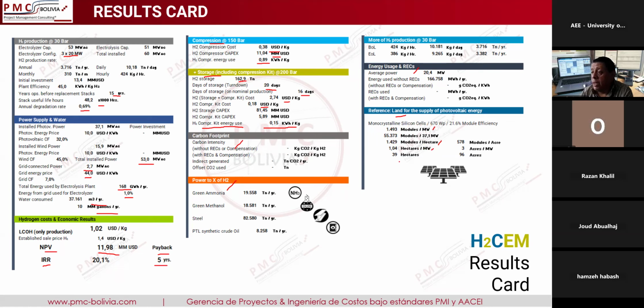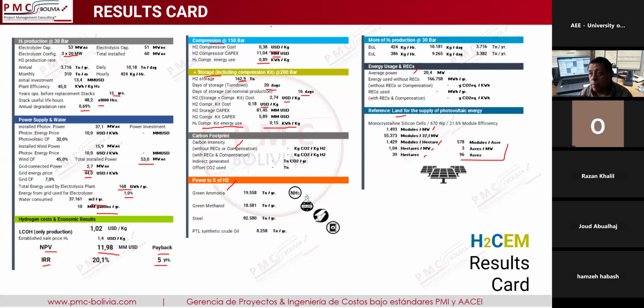In total, we need 39 hectares. This is a good idea of the land that we need to install the photovoltaic plant. We can also change units to acres.